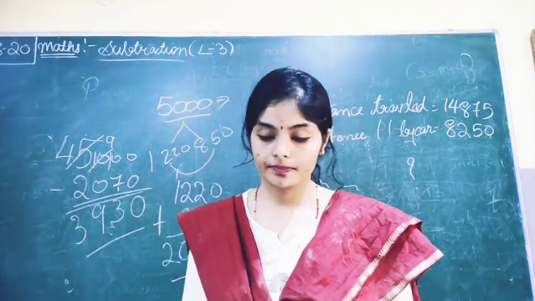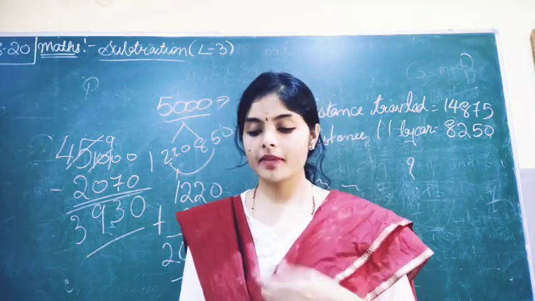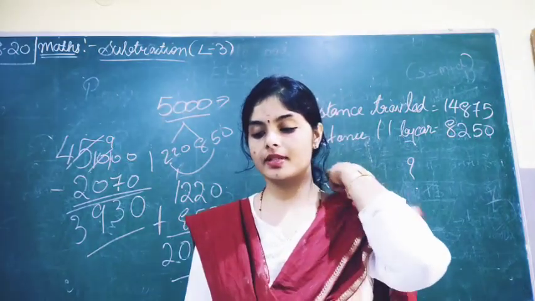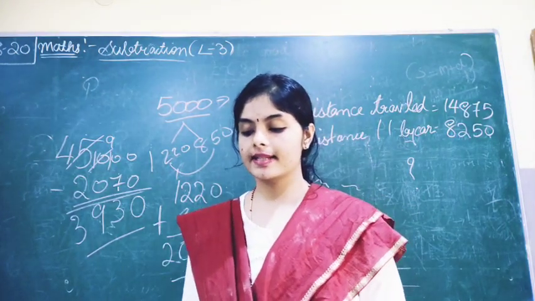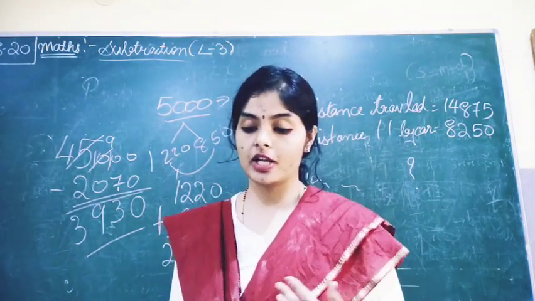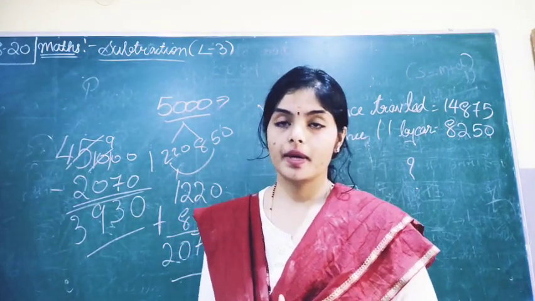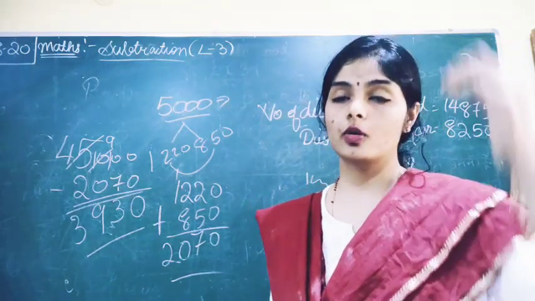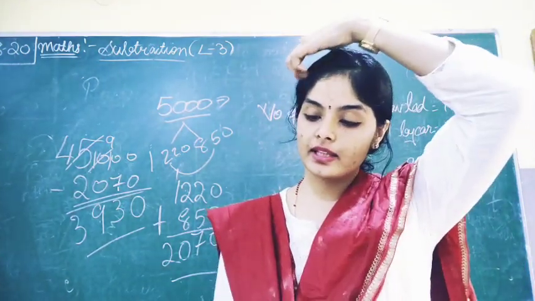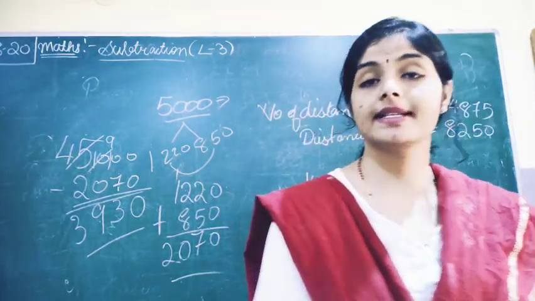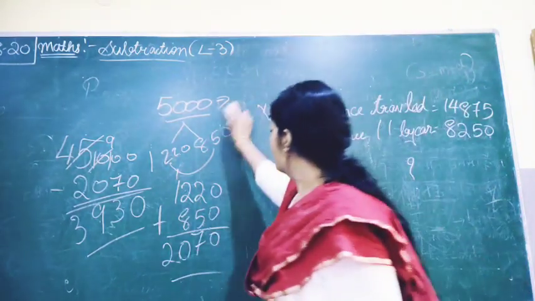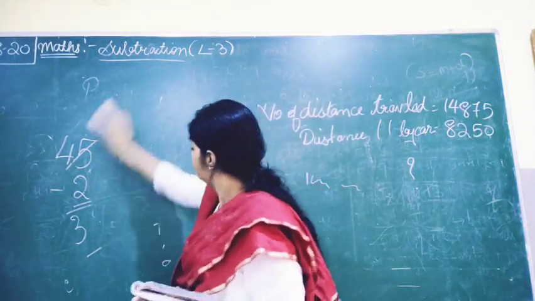Got it, children? Next: form the greatest and smallest number using the digits 4, 3, 6 and 7 without any repetition, and find the difference between the greatest and smallest number. In the third question you have 4, 3, 6, 7.